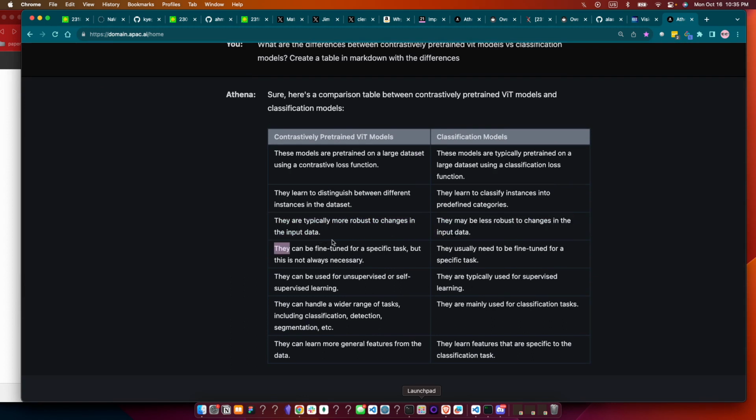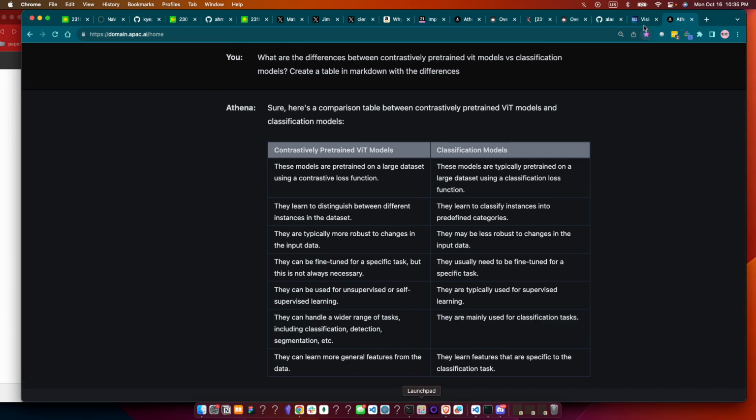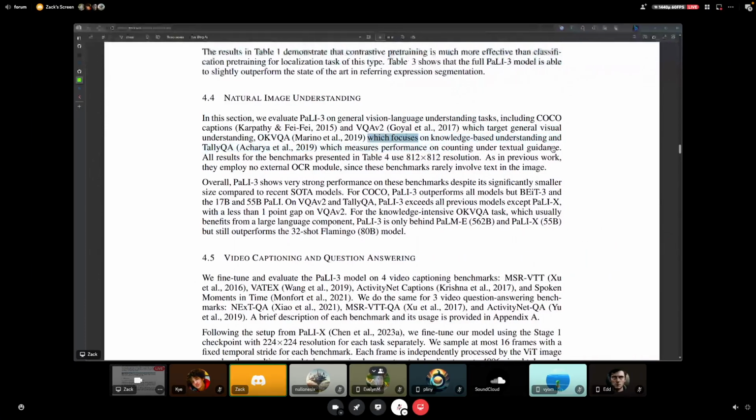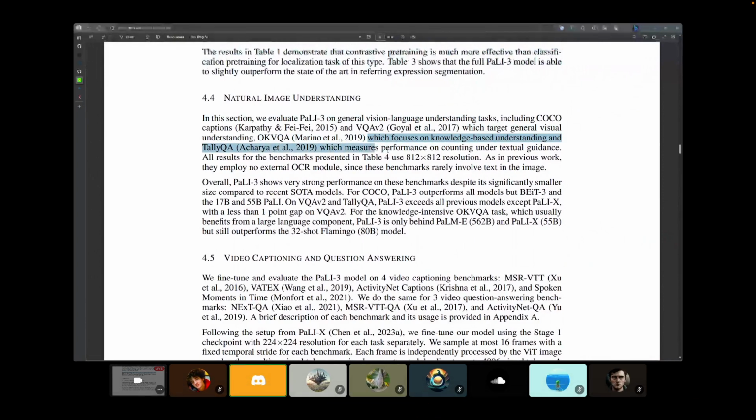In this section, we evaluate Poly 3 on general image understanding tasks, which target general visual understanding focused on knowledge understanding, and which measure performance on counting under textual guidance. All results of the benchmarks are presented in Table 4 using 812 resolution. As in previous work, we employ no external OCR model since these benchmarks rarely involve text in the image.